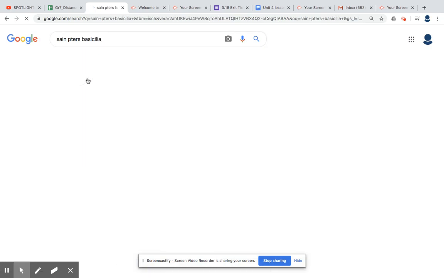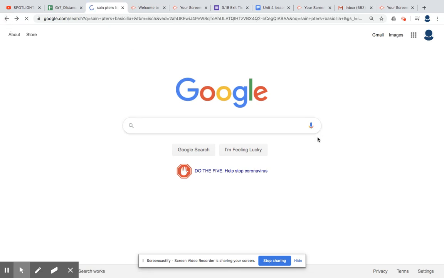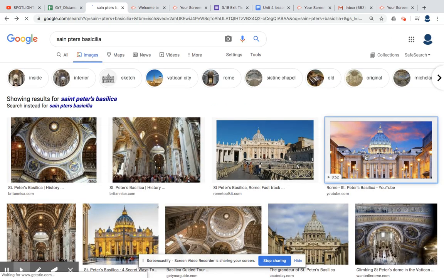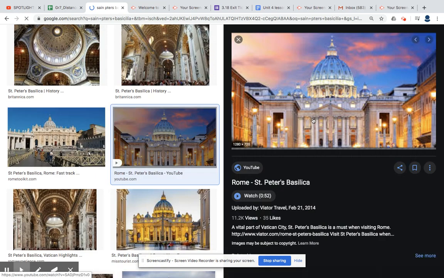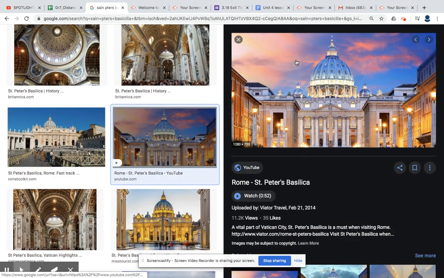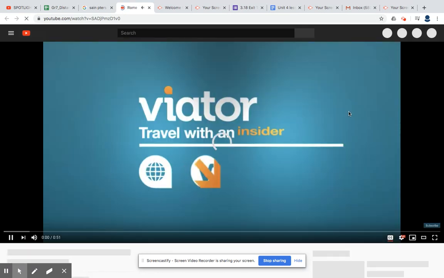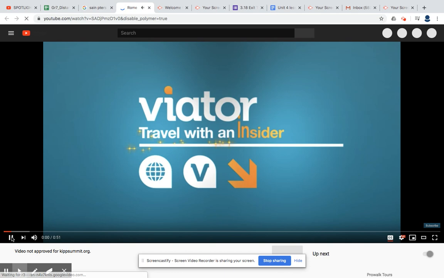St. Peter's Basilica. This structure was created during the Renaissance, and it is a perfect example of classical influence on the Renaissance.